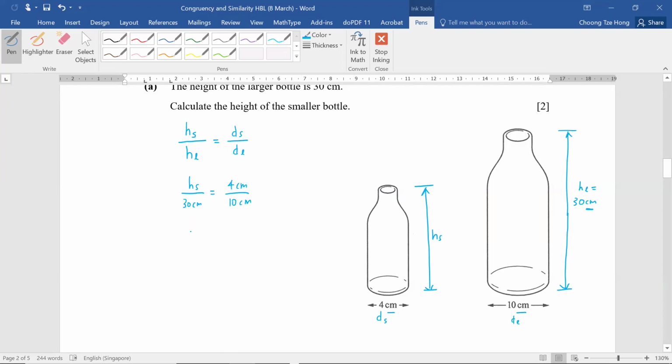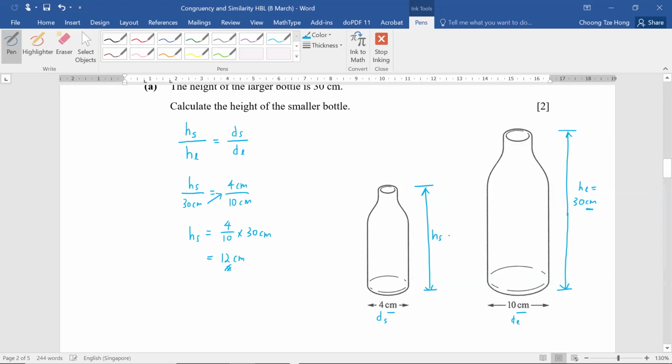Then we can find HS. HS will be 4 over 10. What I like to put at the top left corner is because when I want to calculate it, all I need to do is cross multiply this 30 cm in the bottom upwards only. So I'll get this. If you calculate it out, you will get HS equals 12 cm.